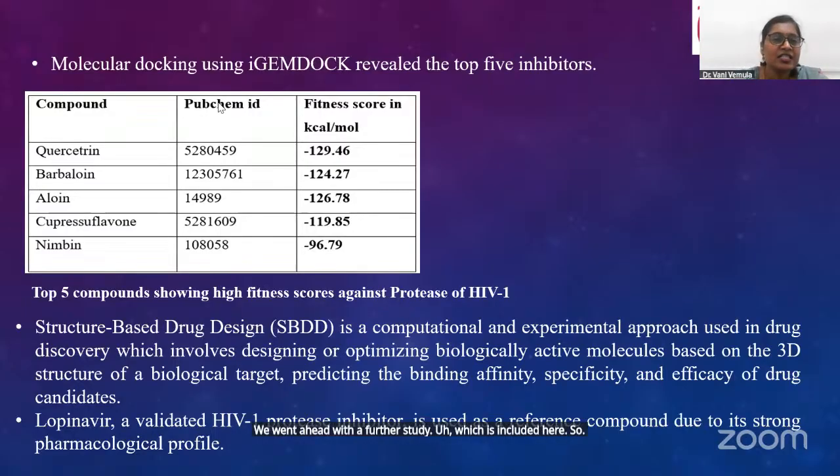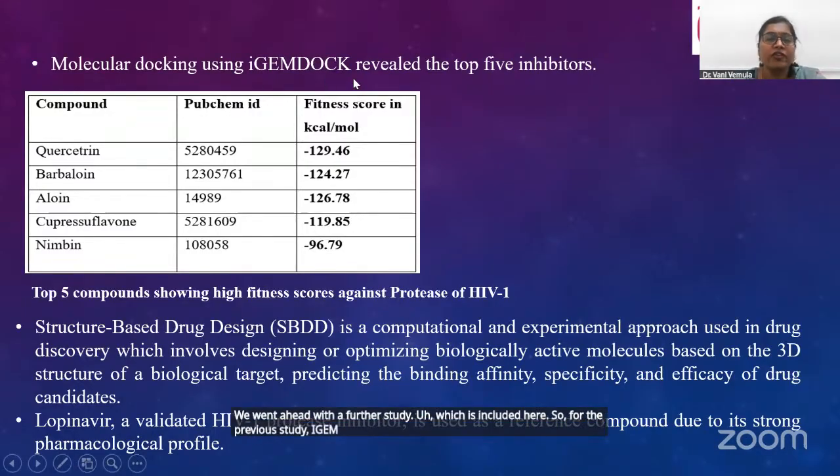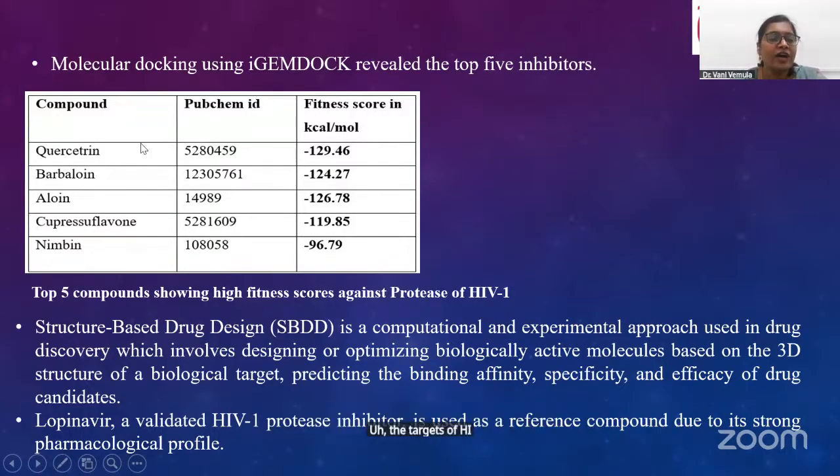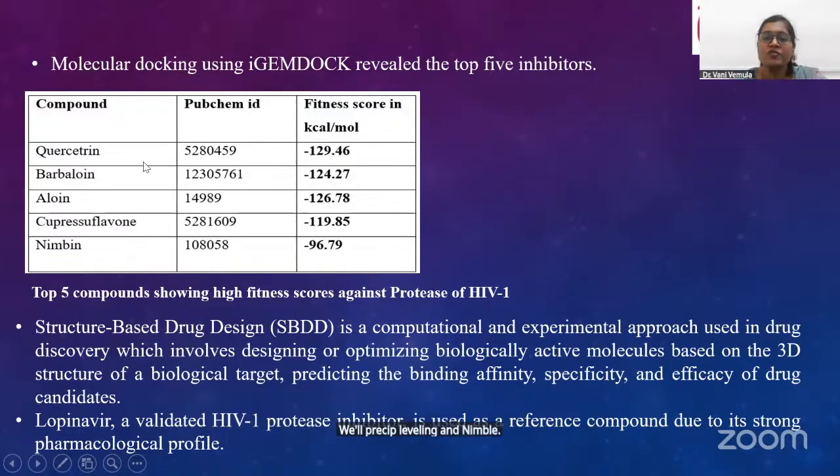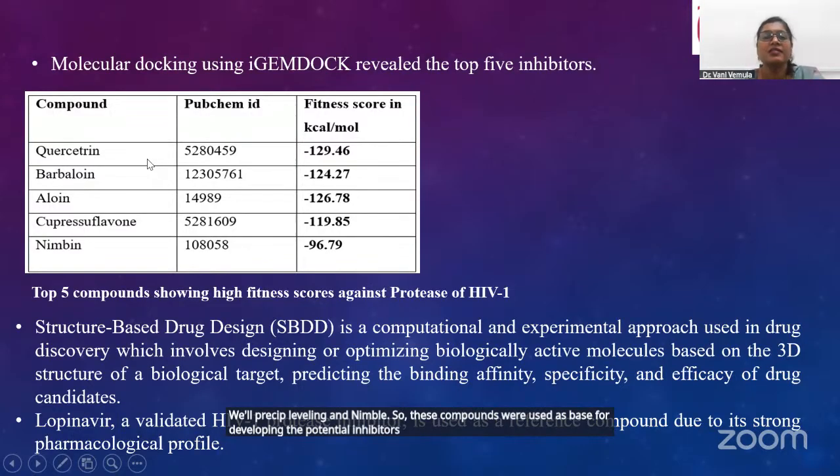For the previous study, iGEMDOCK was the software used for analyzing the various drug targets of HIV. These are the 5 natural antiviral compounds: quercetin, barbaloin, aloin, cupriciflavin, and nimbin. These compounds were used as a base for developing potential inhibitors against HIV-1 protease.